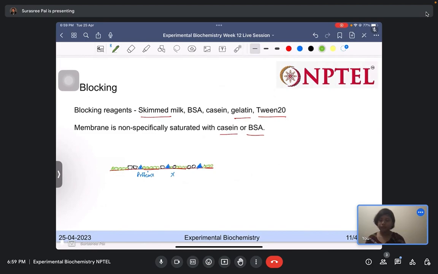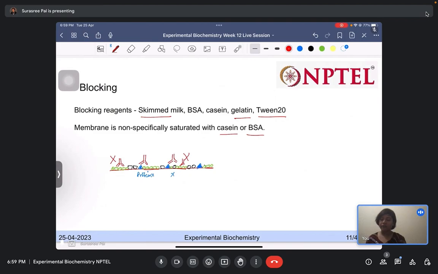So that the antibody that we will be using in the next step can only bind to the protein of our interest and does not bind to these empty spaces, right? This binding is minimized with the help of blocking.